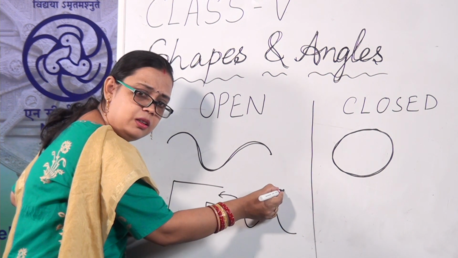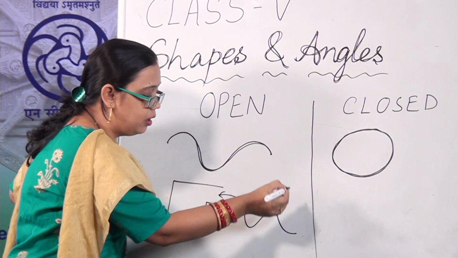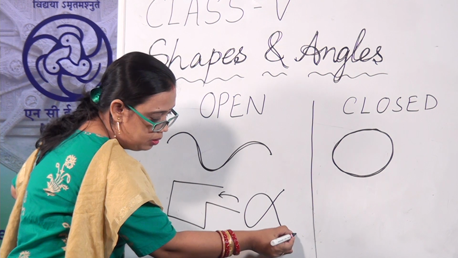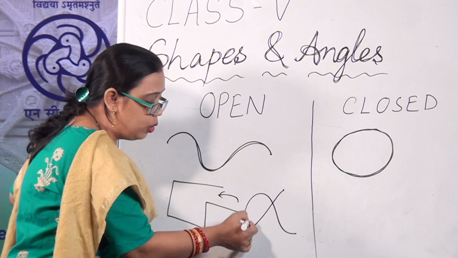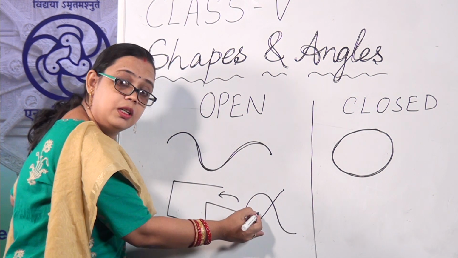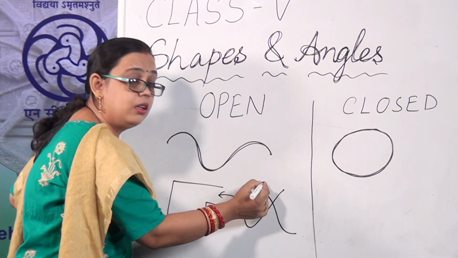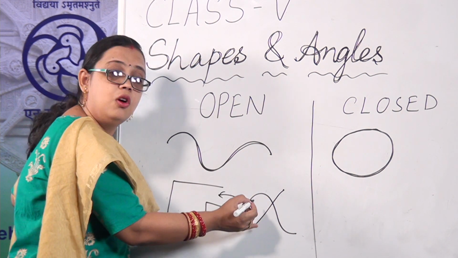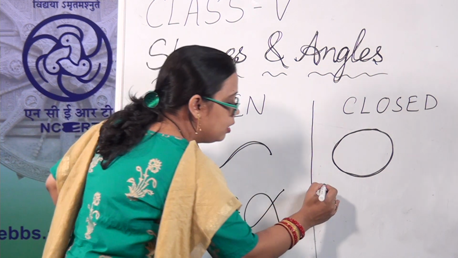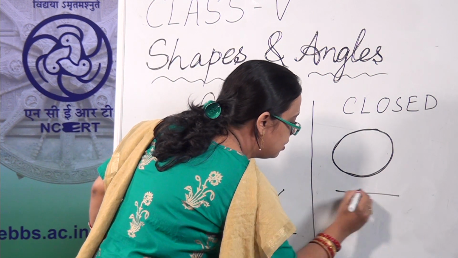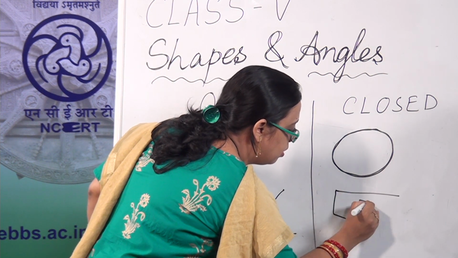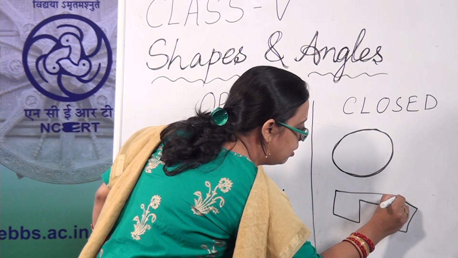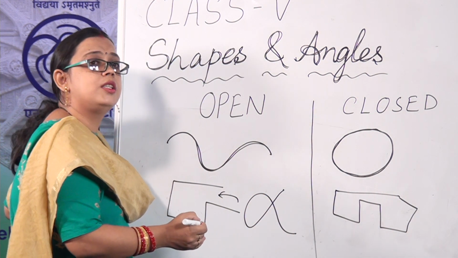Do they meet here? No, I have started from here and ended here. So, though a loop, a closed figure is created, this is not a closed figure. This is an open shape. Open, whereas, see, this one is a closed shape.